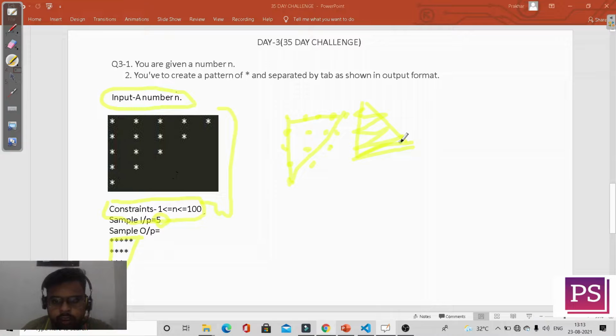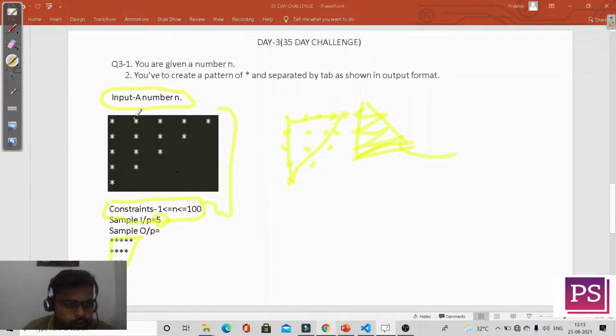That was our last problem that we solved in day 2. So it's similar to that. I want you to first try this question on your own. Please pause this video and start solving it by yourself. If you are able to solve it, then it is good. If you are not able, then start the video again. I will tell you. Let's start.